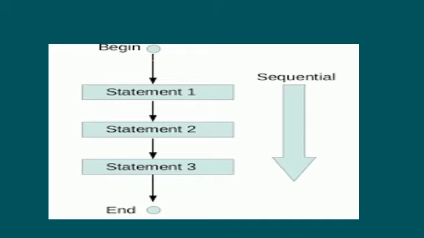Similarly, if you give instructions to a computer to perform a task, the instructions should be stepwise in a sequential manner. So children, what is a program? Yes, the set of instructions written in a stepwise sequence is called a program.